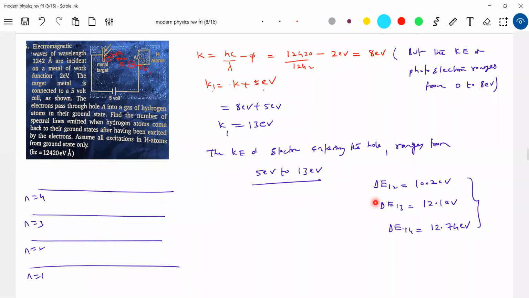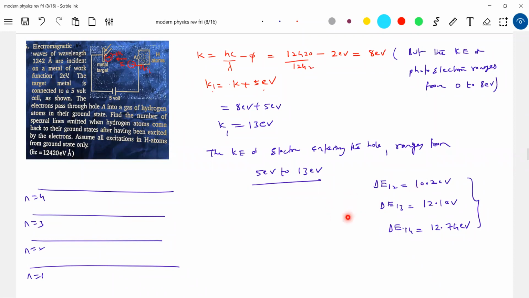This is a very important statement. So we should say it will interact with all. But what is the nature of collisions? Few will be elastic, few will be inelastic. Those with energy less than 10.2 electron volt are elastic. Those with energy greater than or equal to 10.2 will be inelastic.